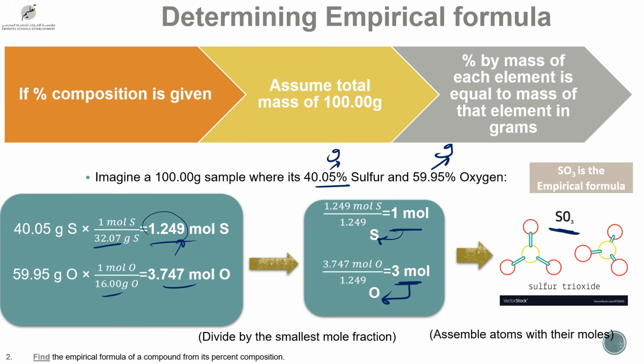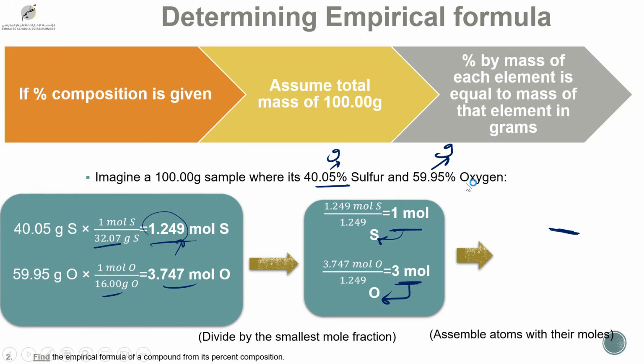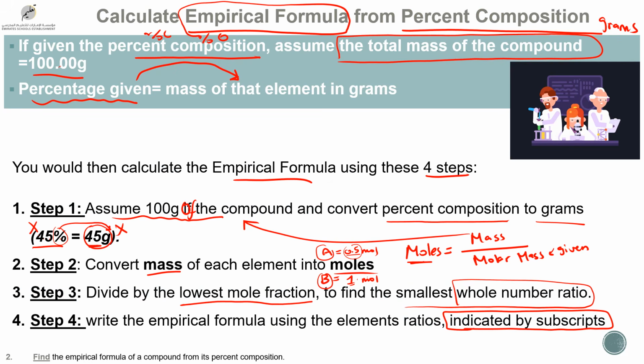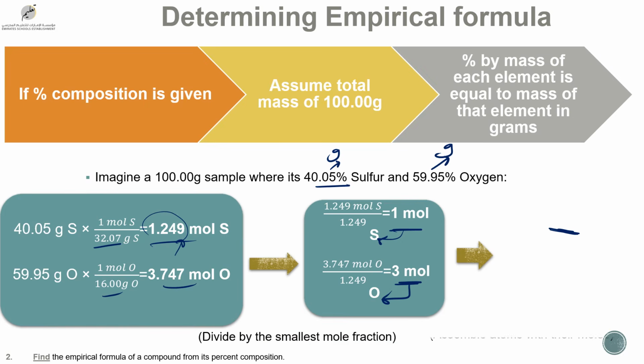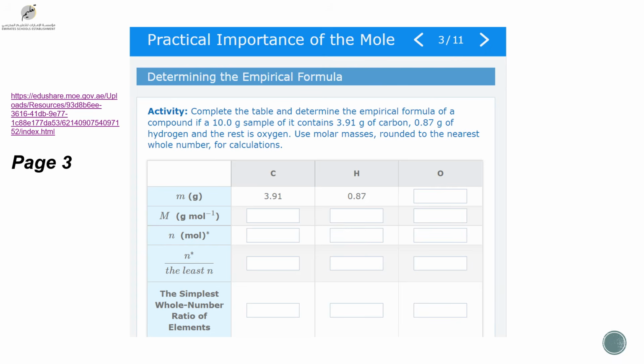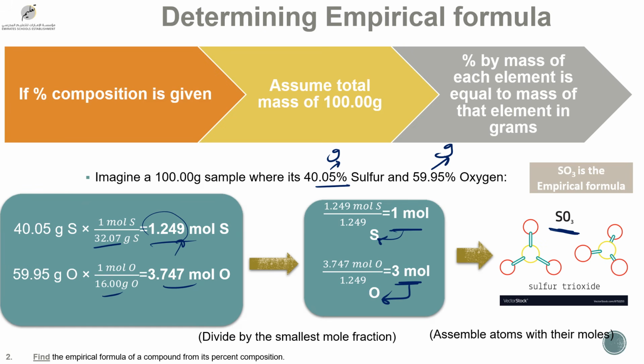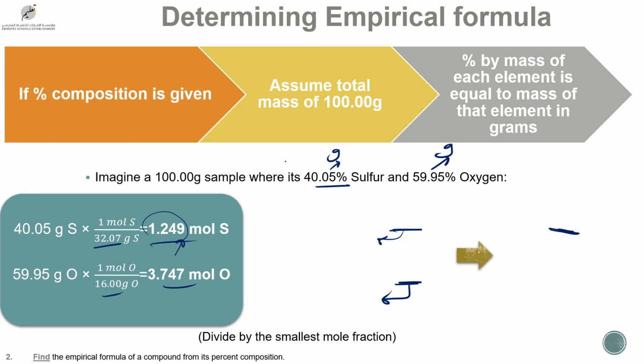Easy. You can stop the video and repeat it again, but if you know how to go through these 4 steps, it's all the same. Okay. Now it's worth mentioning that sometimes when you divide, for example, in step number 3, let's go back.